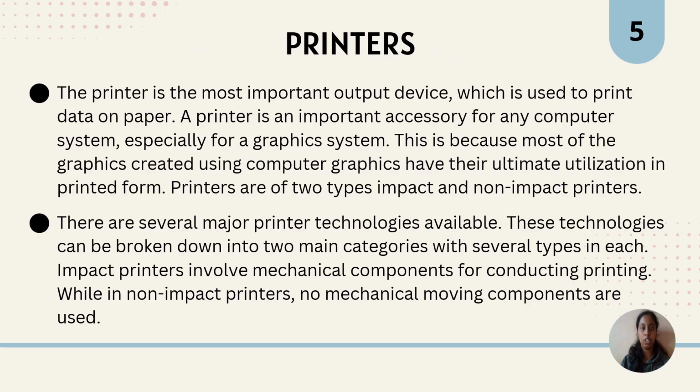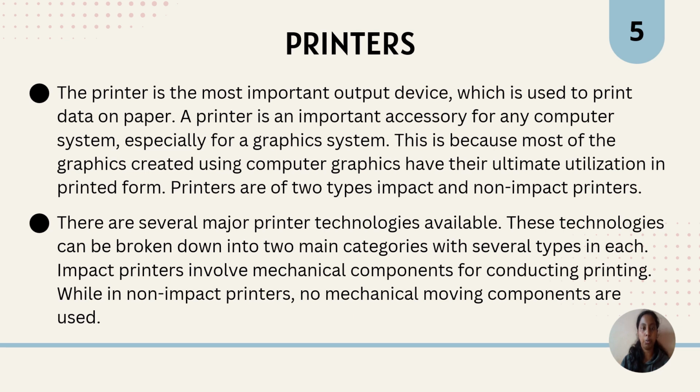Printers. The printer is the most important output device, which is used to print data on paper. A printer is an important accessory for any computing system, especially for graphics systems. This is because most of the graphics created using computer graphics have their ultimate utilization in printed form.